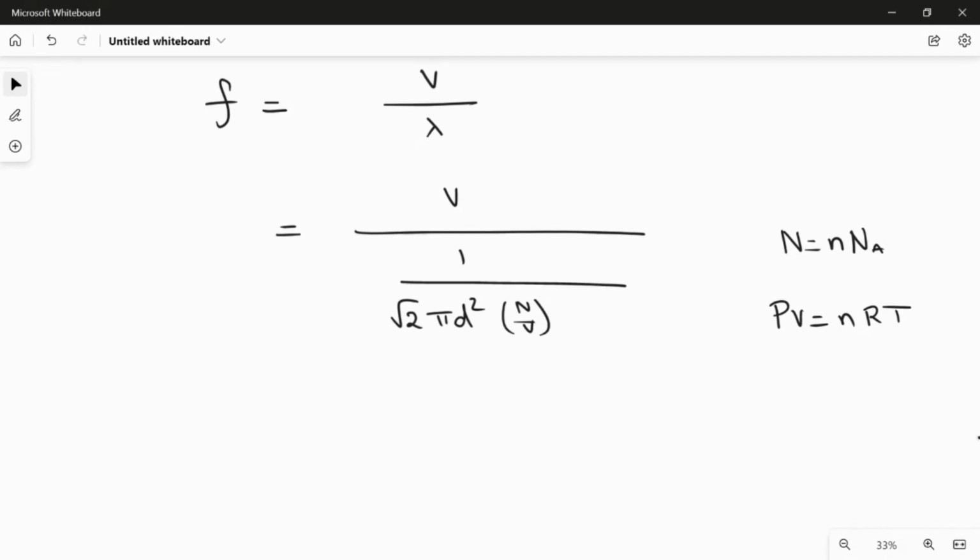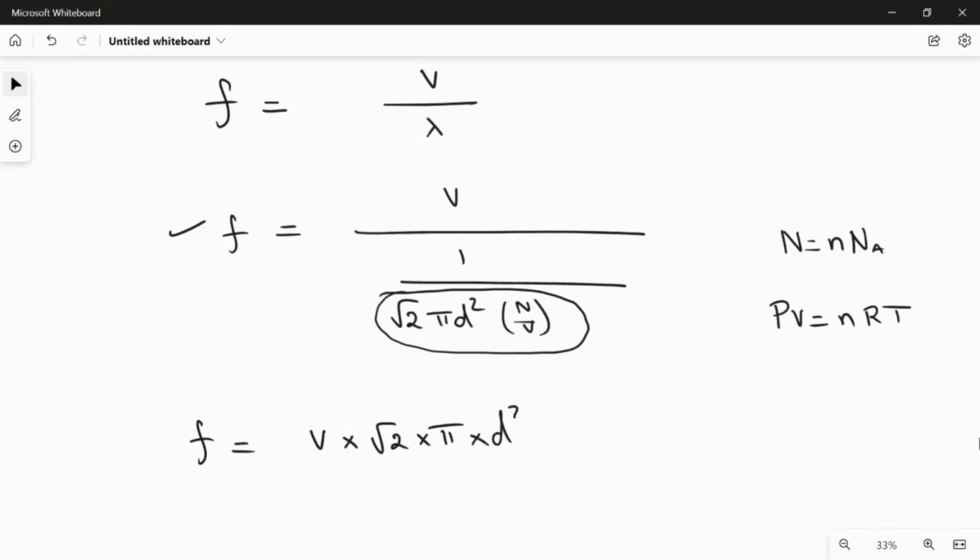First of all, we have to rearrange this equation, and by that we will get a clear idea. If you rearrange this equation, this part will come to the top. So the frequency will become v multiplied by root 2 multiply with pi multiply with d square multiply with N over V. Now I'm going to take this and substitute the value here.